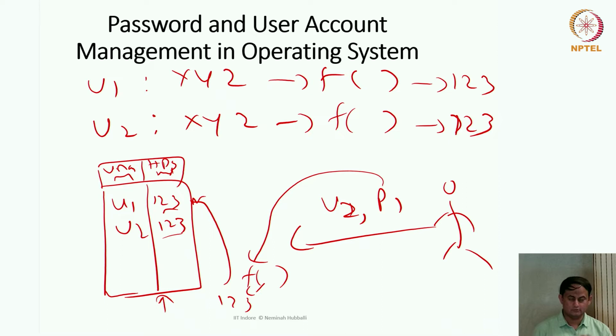User 1 and user 2, just by looking at the entries of hash values, might have chosen the same password. Although 1 2 3 is not necessarily generated by the same input, since two different passwords can also generate the same hash, just by looking at the values it might give you some idea that u1 and u2 chose the same password.